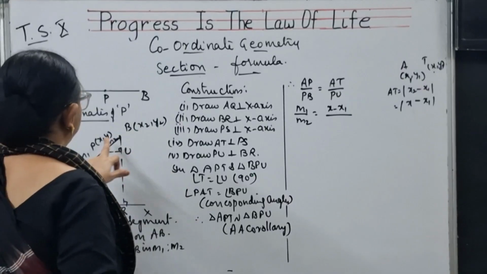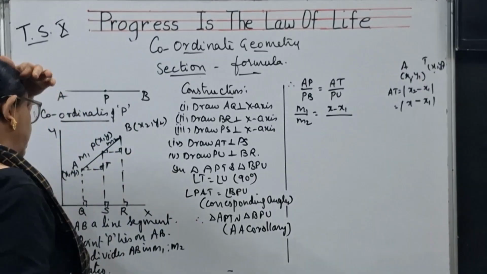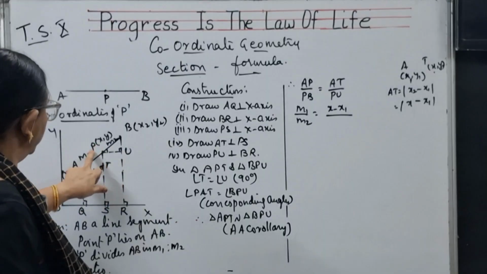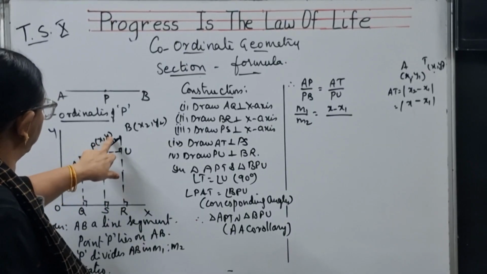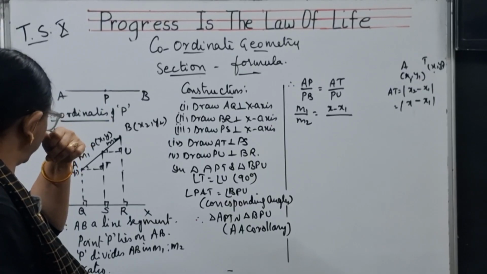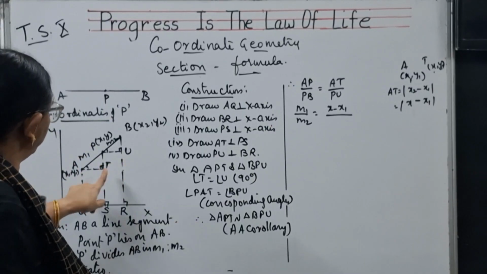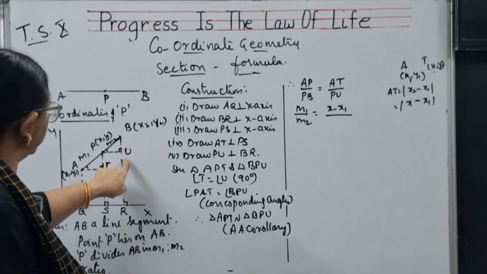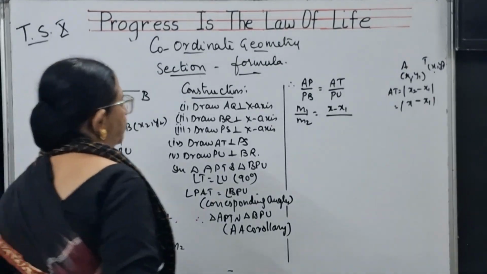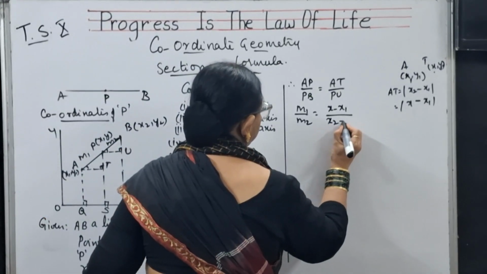x2 minus x. We are talking about P and U. This is x1, y1 and U value you will get as x2, y2. So this is x2 only we will be getting; B is having x2, means here also x2 minus x you will be getting.